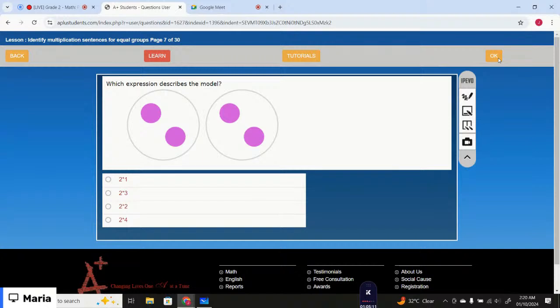Which expression describes the model, which is the correct option? That is 2 times 2. Option number 2 is the correct option. Very good.